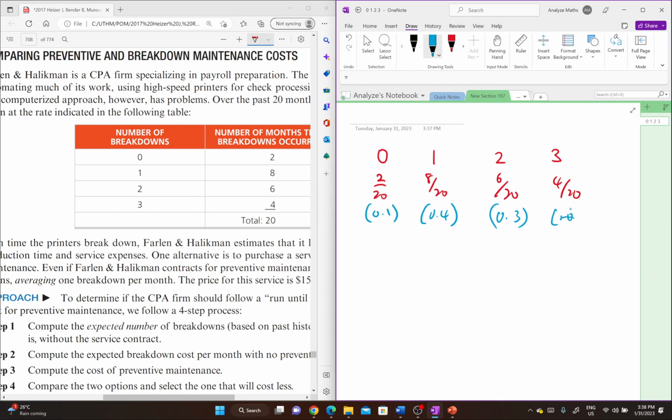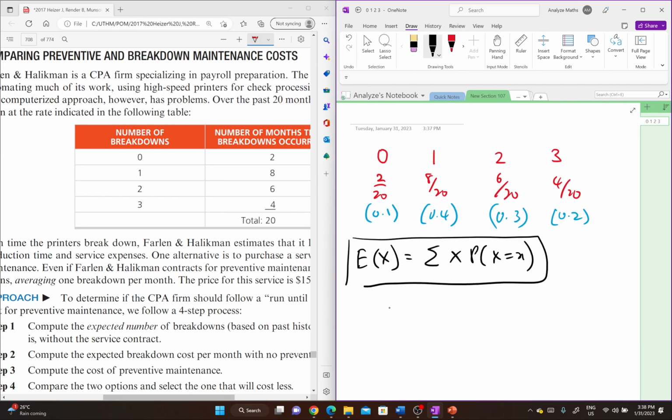So I think for expected value you have learned in statistics. The expected value is the summation of x times the probability. Same thing we are going to do here. Expected value basically is a mean: on average, what is the breakdown per month?